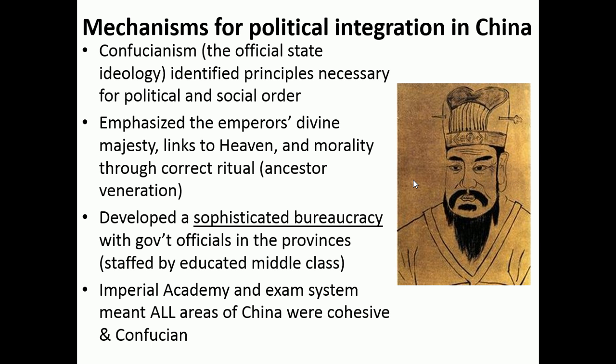So these were really high stakes tests, and they were given annually. It took several days, and students who were able to score highly enough could be admitted into this really respected and high status class of bureaucrat gentlemen who, again, were educated elites.